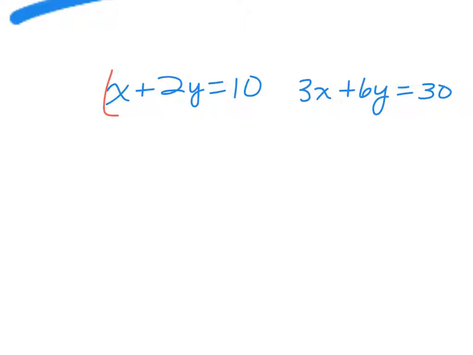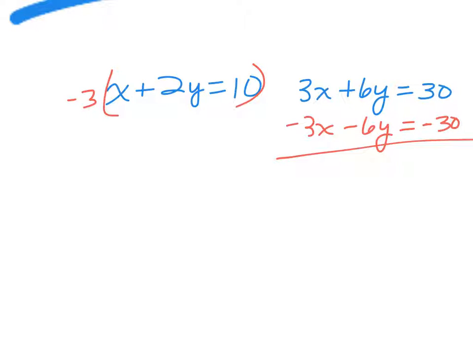Let's multiply by -3 again. So we have -3x minus 6y equal to -30. Yeah, everything cancels here, so we get 0 equal to 0. So this isn't the one that's no solution. This is an infinite number of solutions.